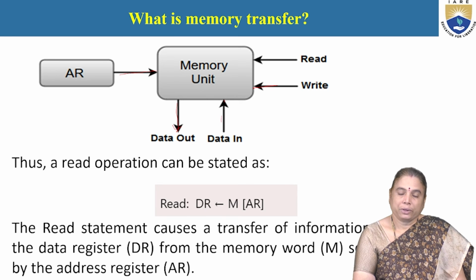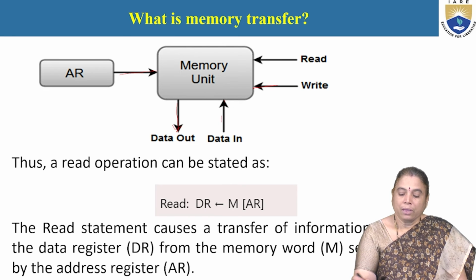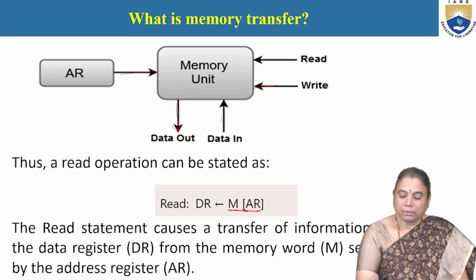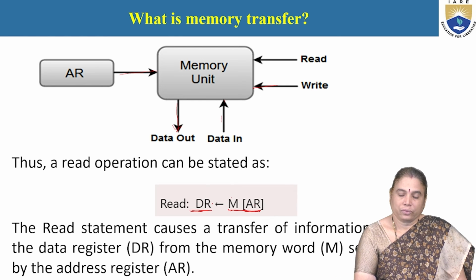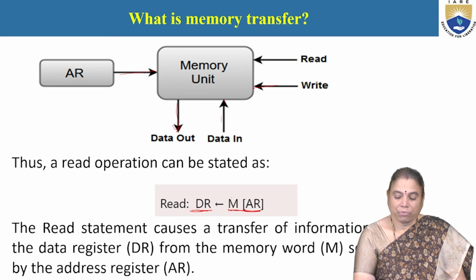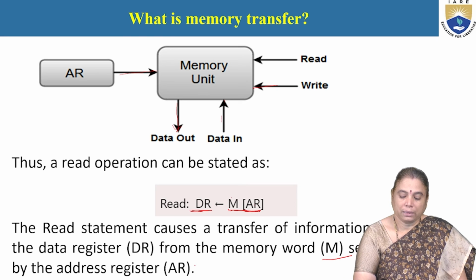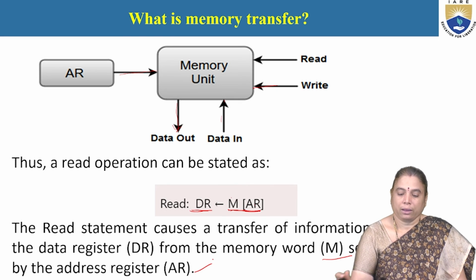So the read operation can be specified as: the memory word that is specified at the address with the help of the address register, that value can be transferred to the data register. So the read statement causes a transfer of information to the data register DR from the memory word M selected by the address register AR.